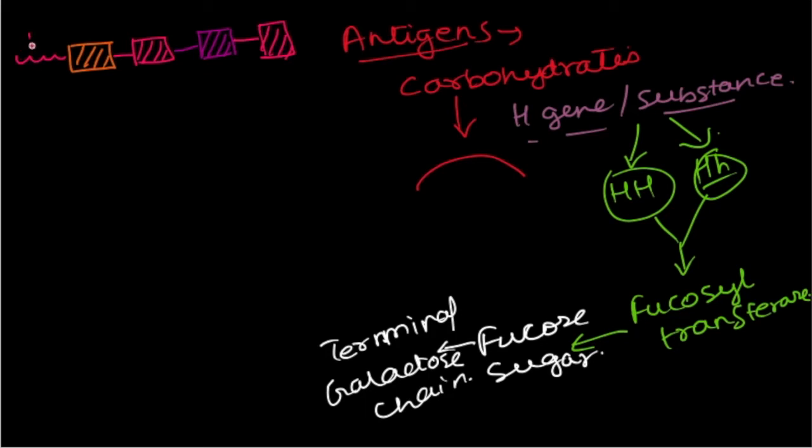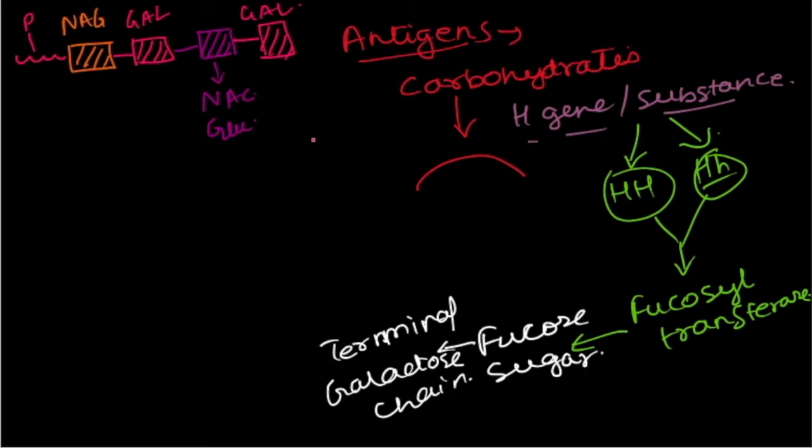This is the protein moiety, which we will label as P. This is the sugar N-acetyl galactosamine, this is galactose, and this is N-acetyl glucosamine, and again the terminal one is galactose.